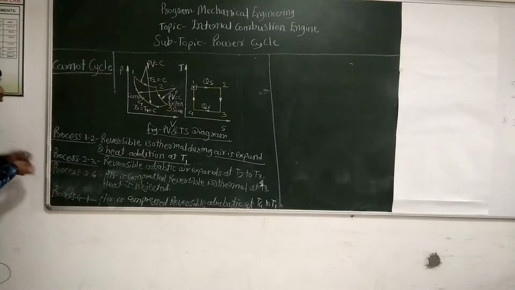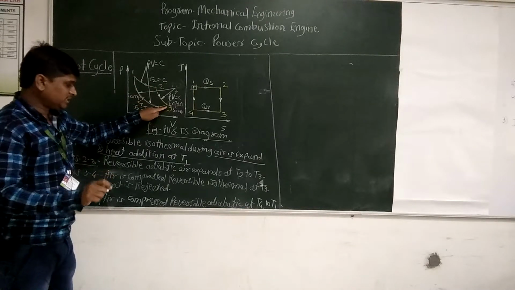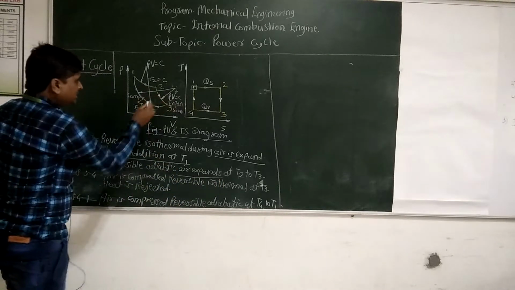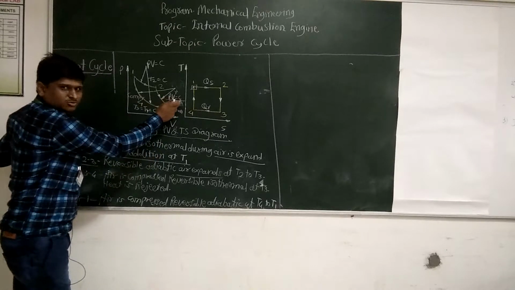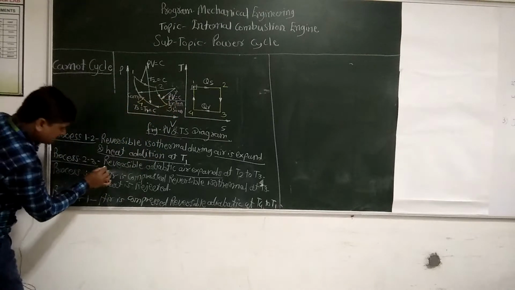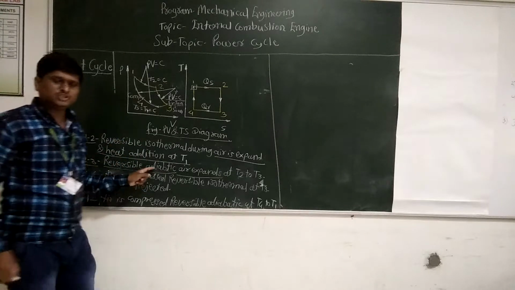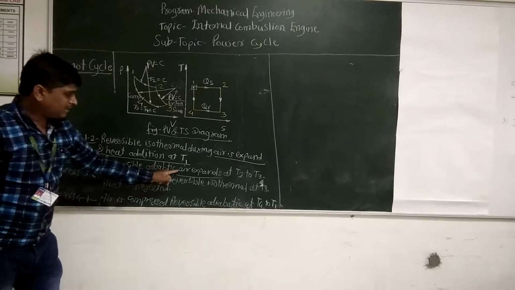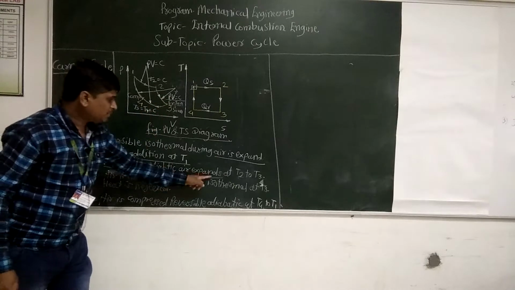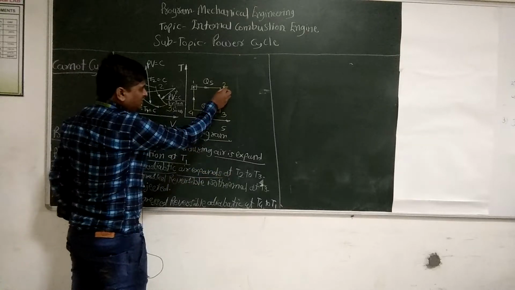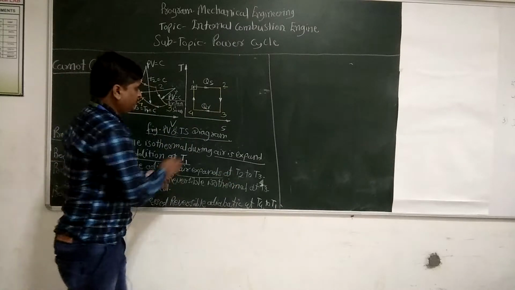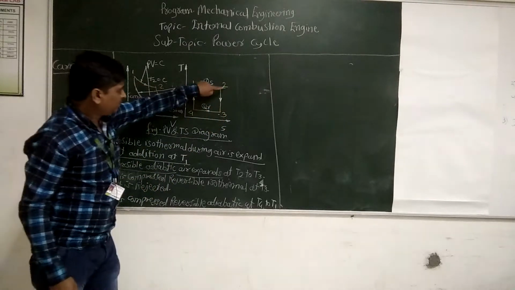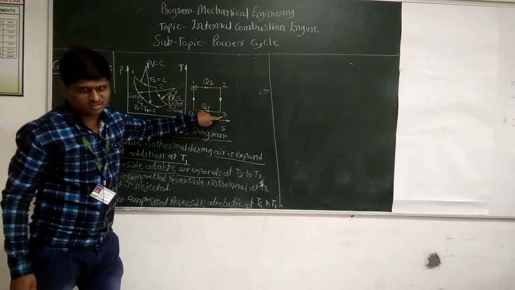Now process 2 to 3: here also air is expanded, but this process shows PV raised to gamma equals C, meaning it is a reversible adiabatic or isentropic process, where air is expanded from temperature T2 to temperature T3.